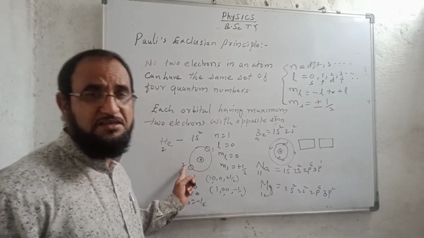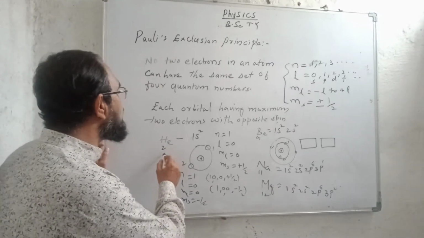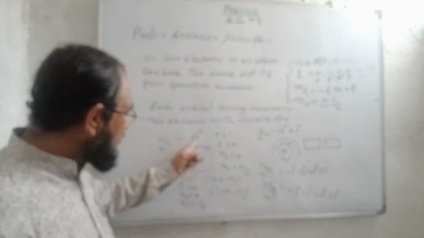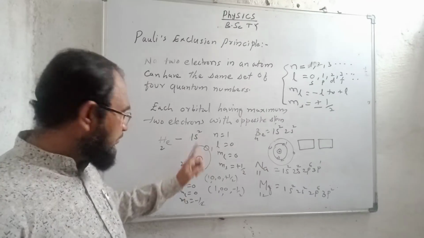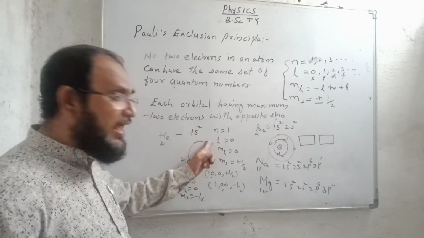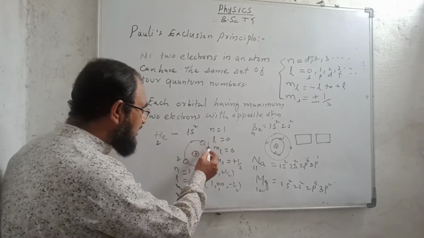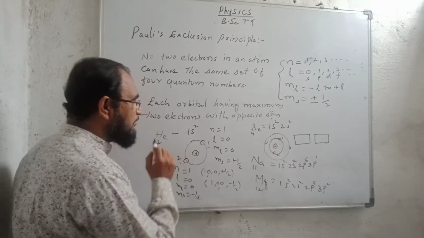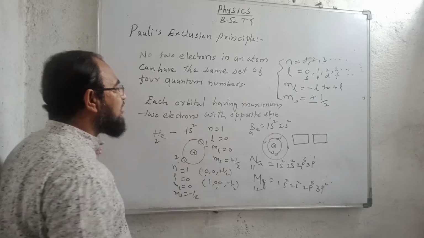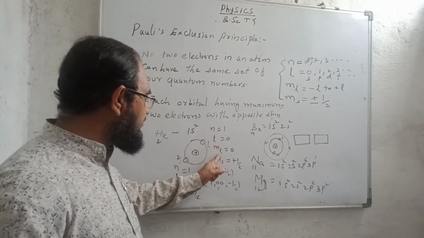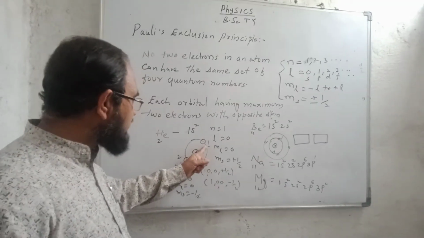If I take here the example of helium-2, the electronic configuration will be 1s2. Means there are 2 electrons in the s orbital. Suppose this is electron number 1, this is electron number 2. So for the first electron, I will write n, l, ml and ms. So it is the s orbital.